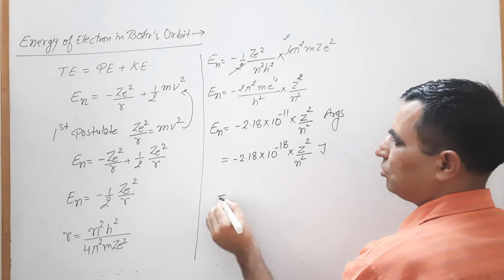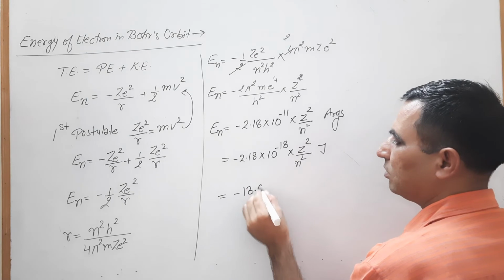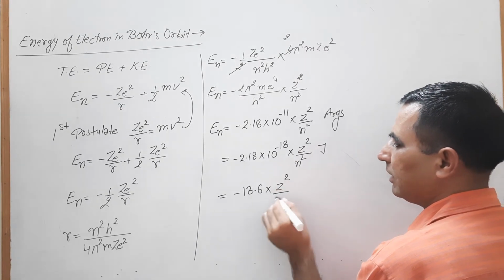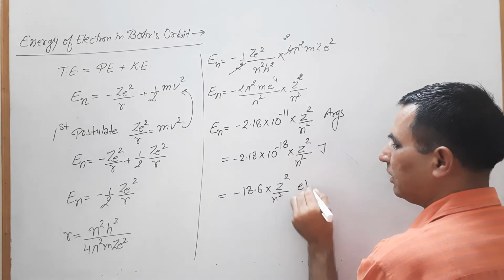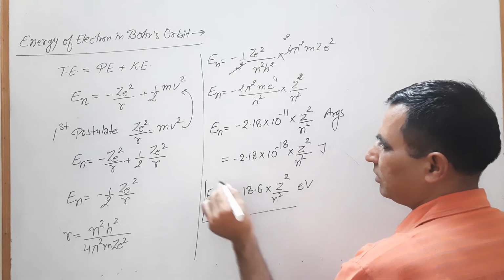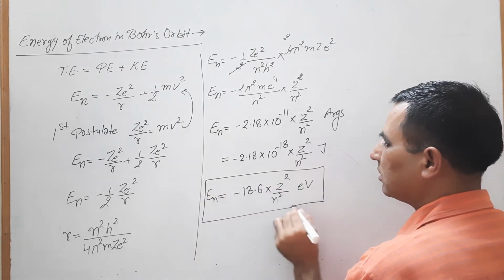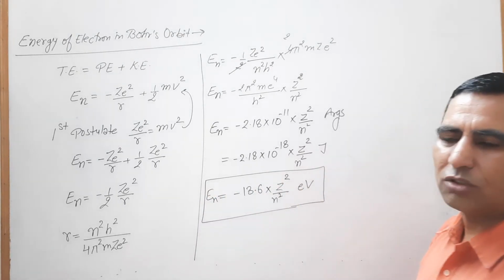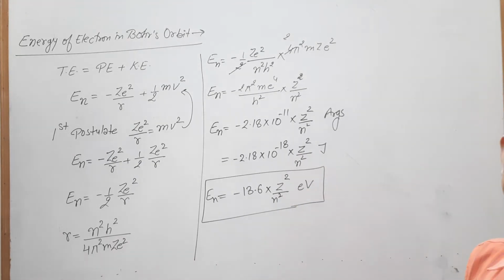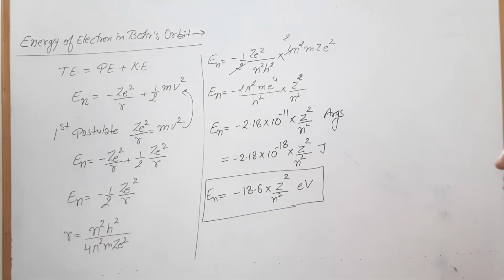If we change this joule into electron volt, it is minus 13.6 z square by n square electron volt. This is the most appropriate formula used in various numericals: the energy of the electron is equal to minus 13.6 into z square by n square in electron volts.